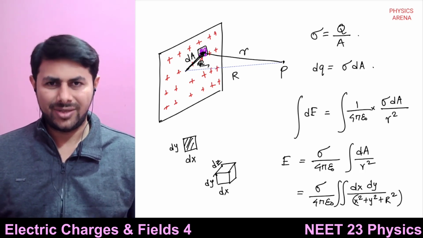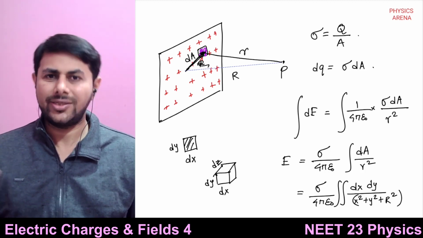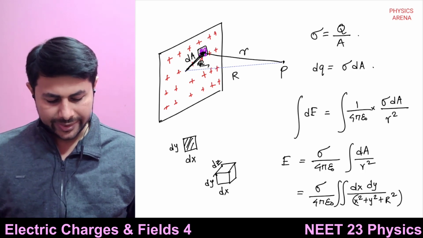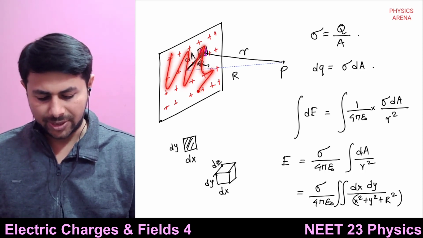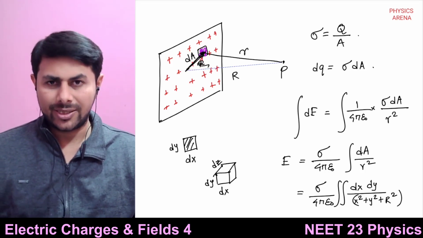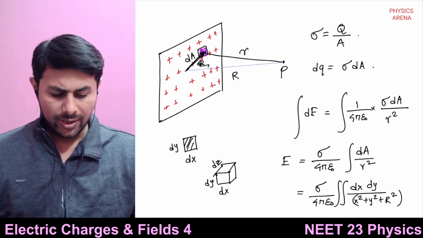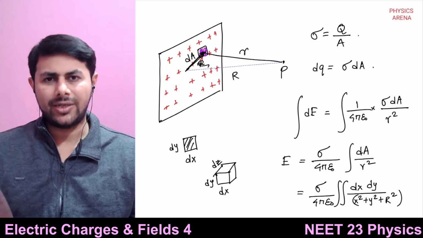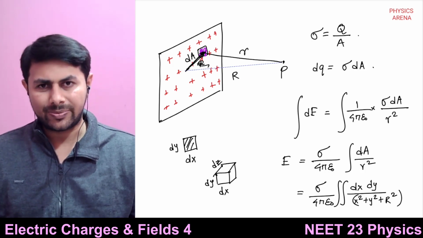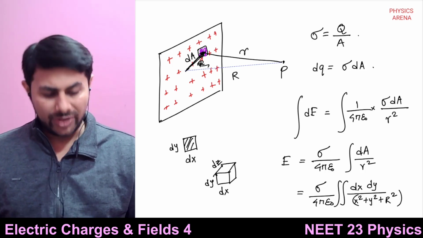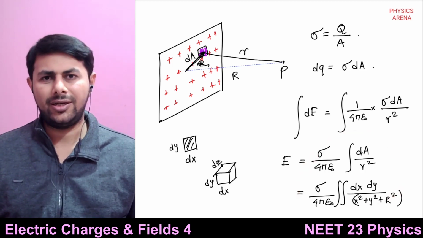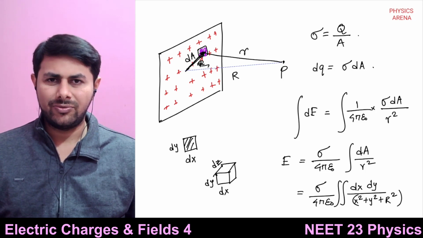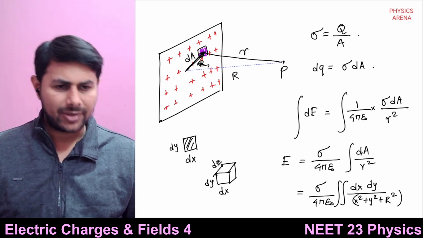If we use that theorem and find out the electric fields due to these kind of surfaces, which we call symmetric surfaces, Gauss's theorem allows us to find out electric fields due to symmetric surfaces without solving these kind of integrals. Okay, and that's what we'll see now, if time permits.